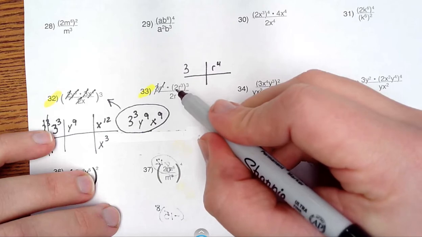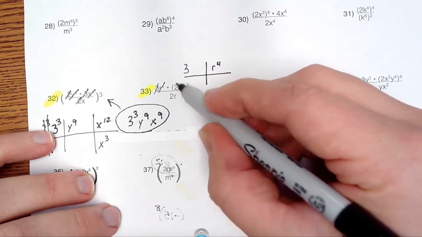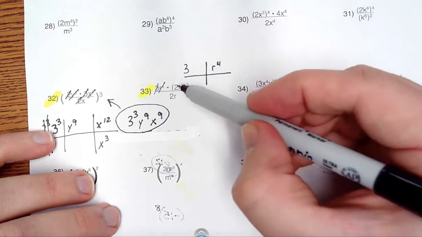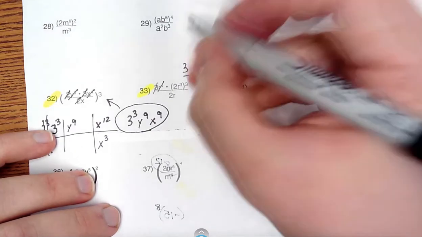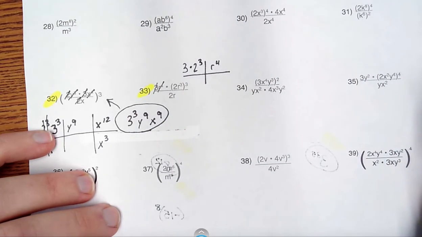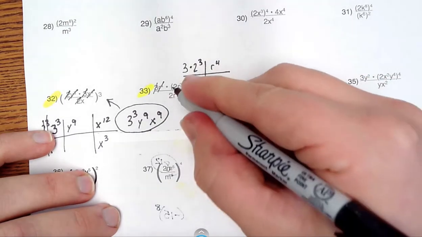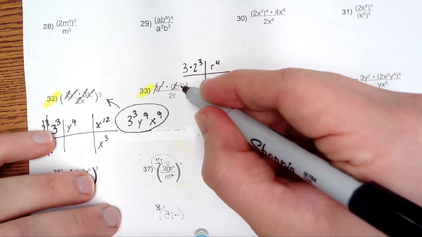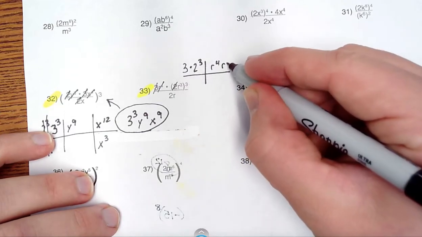All right, now I got a 2, but I do have parentheses. There's 1 2 right here. There's no exponents on it, so it's 1 times 3 is 3. So I have 2 to the 3rd power. R to the 3rd times 3 is r to the 9th.